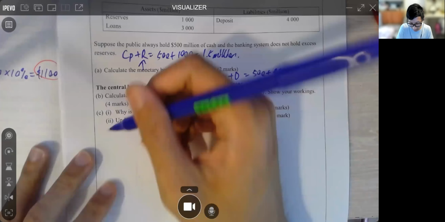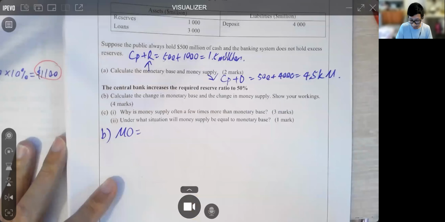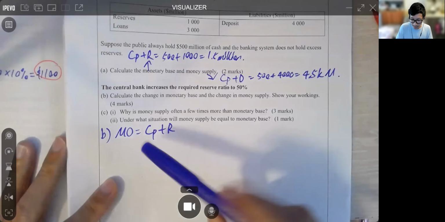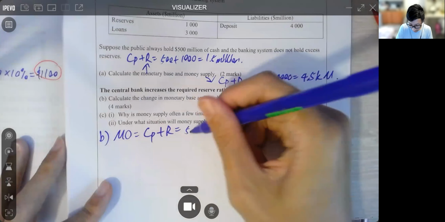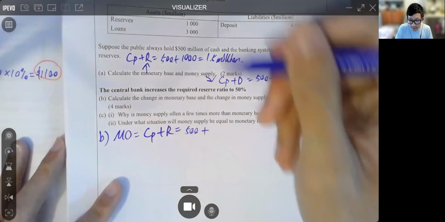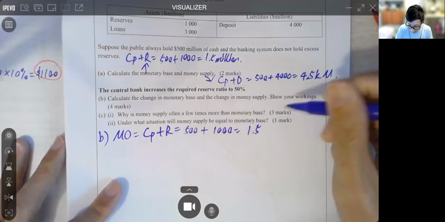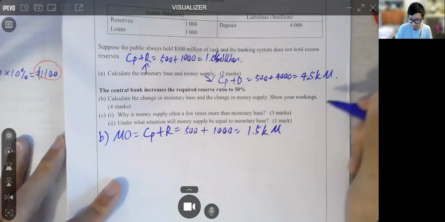Okay, let's look at B first. Remember monetary base M0 equals CP plus R. CP is still how much? 500. Reserve still 1,000. So 1.5K million.